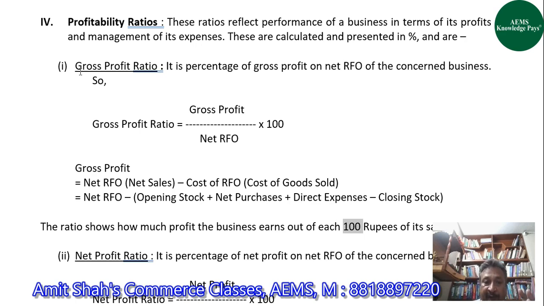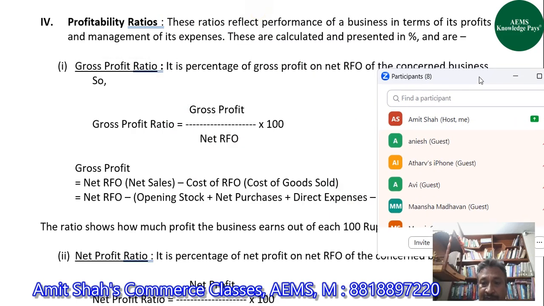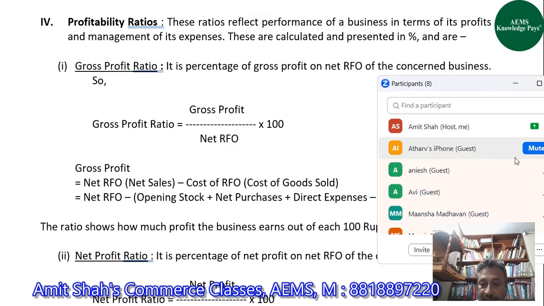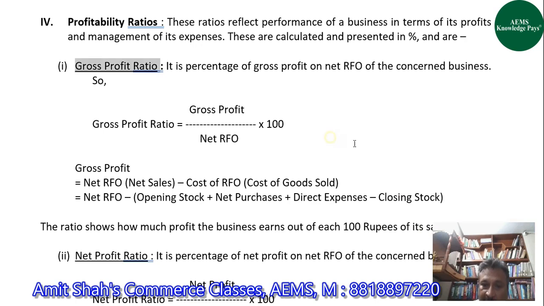And with that gross profit margin, the trader decides whether he should really sell that product or not, apart from some other criteria. I hope you're understanding what I'm trying to tell you, guys. Yes or no? Yes, sir. Good. If the margin is less, the trader usually would not like to keep and sell that product from his business.